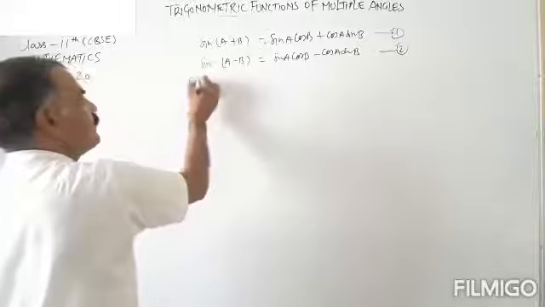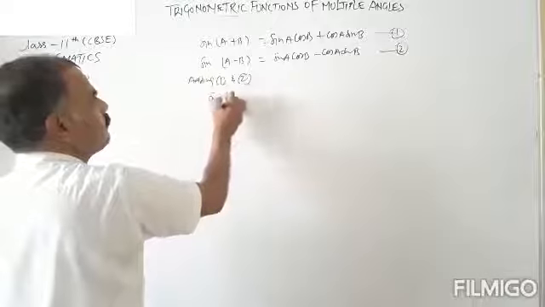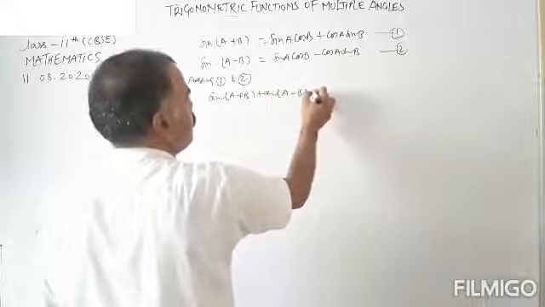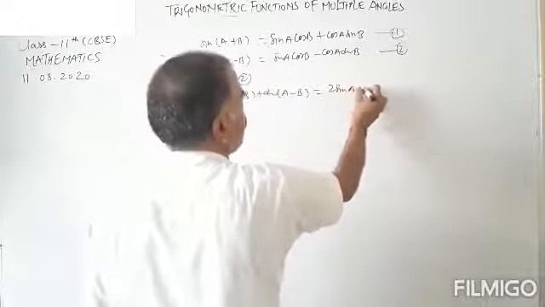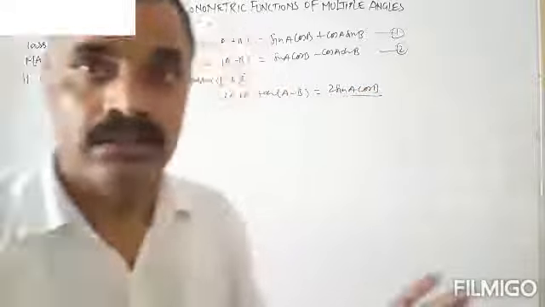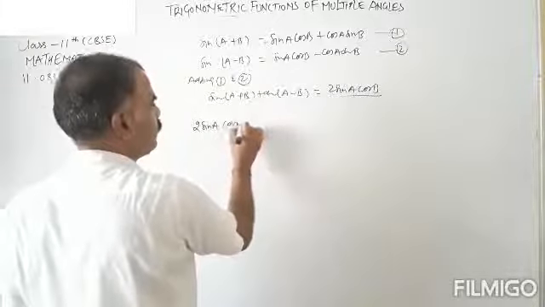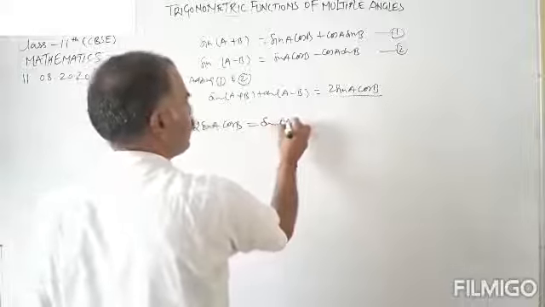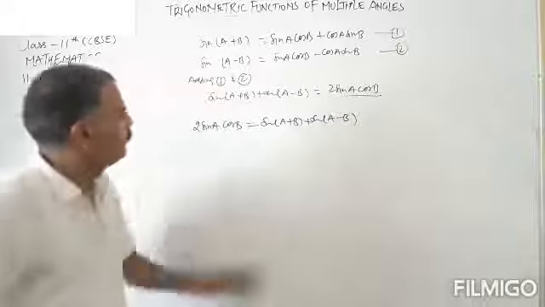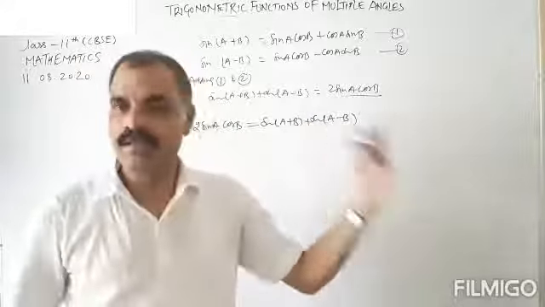So adding first and second, sin of (a plus b) plus sin of (a minus b) equals 2 sin a cos b. So this is the first identity. 2 sin a cos b can be written as sin of (a plus b) plus sin of (a minus b).